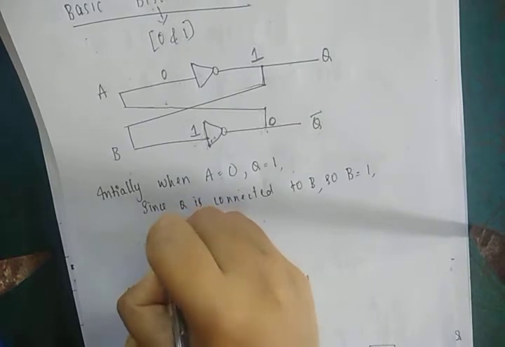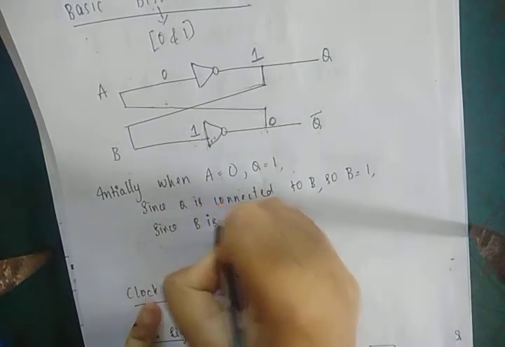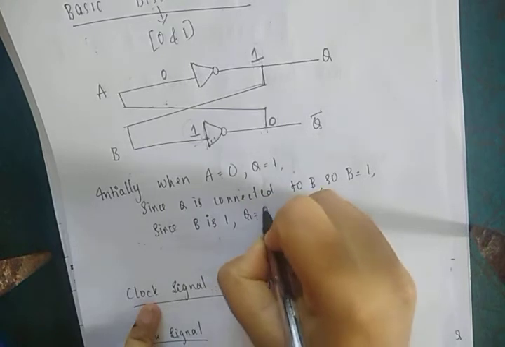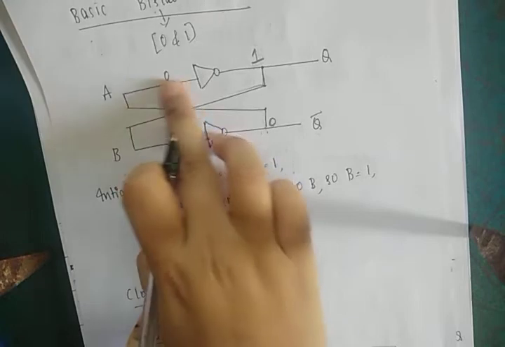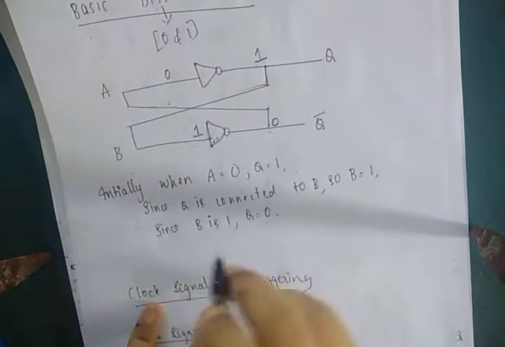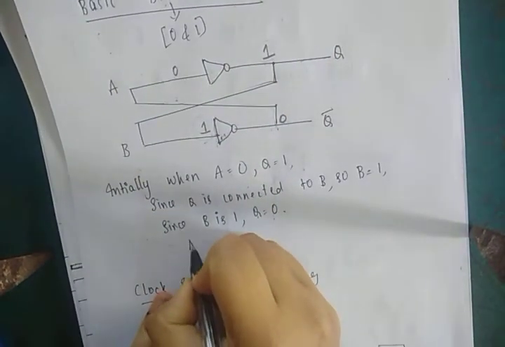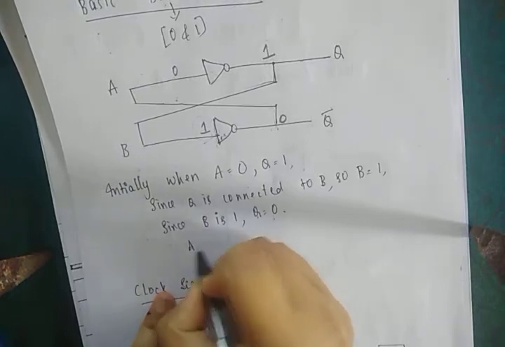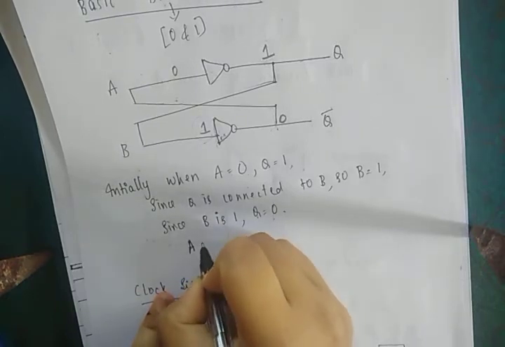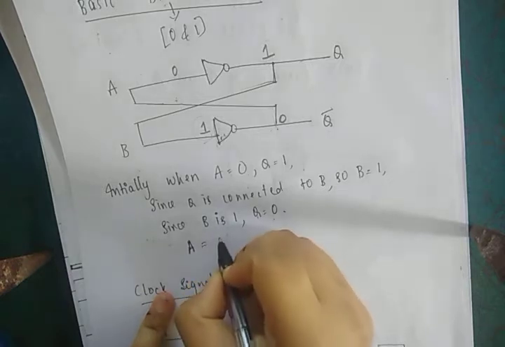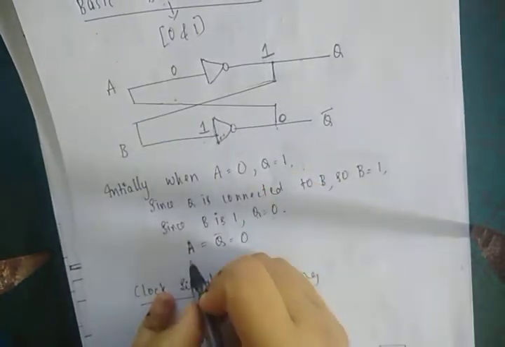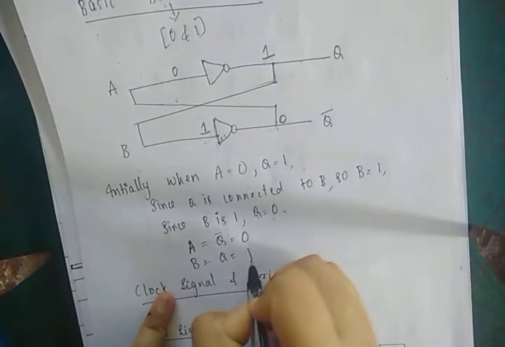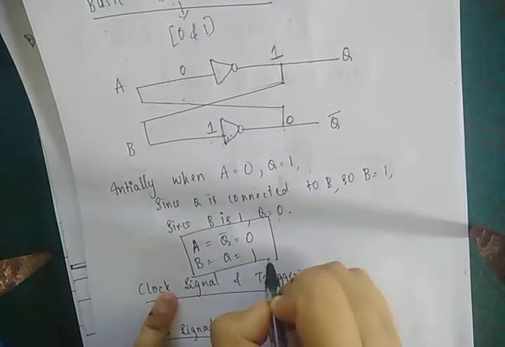Since B is 1, Q bar is 0. Again, since Q bar is connected to A, A is 0. So I can write this generally: A equals Q bar equals 0, and B and Q are 1. This is how the bistable has only two states.